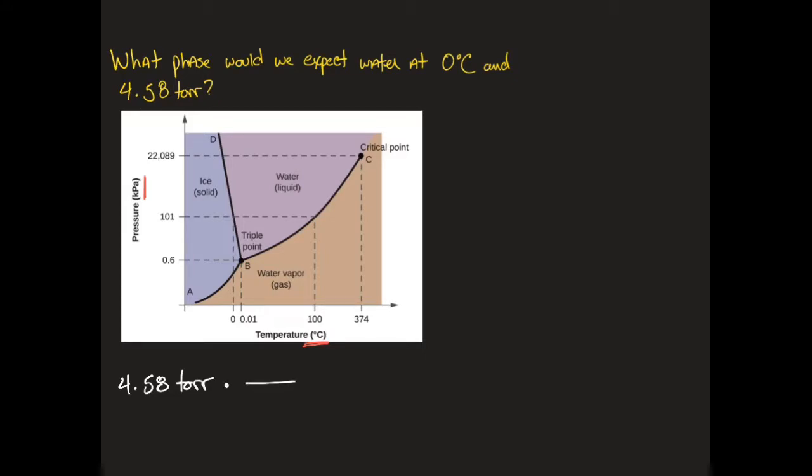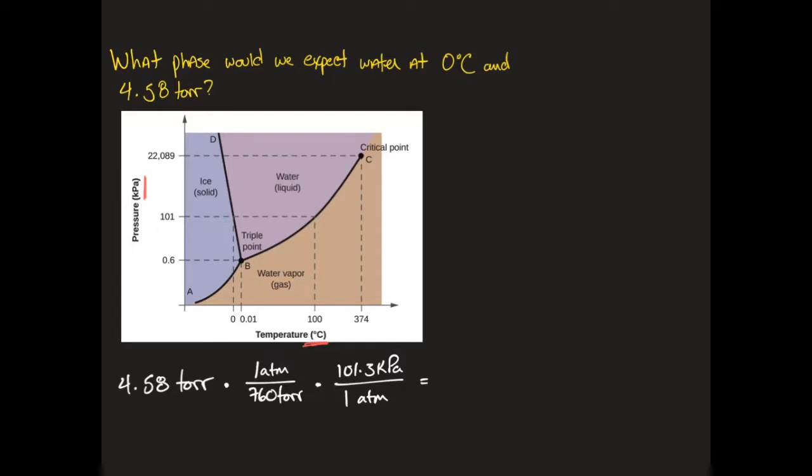And so from your unit conversion sheet, you should have that 1 atm is 760 torr, and that 1 atm is also 101.3 kilopascal or kPa.